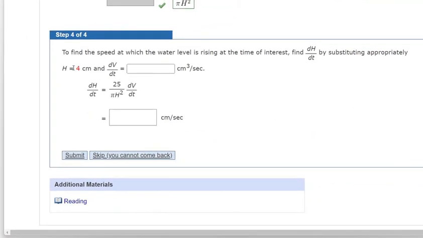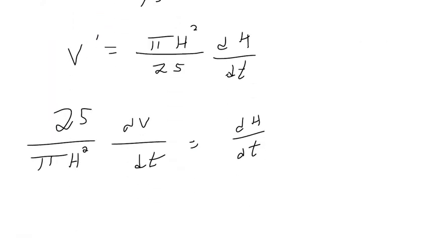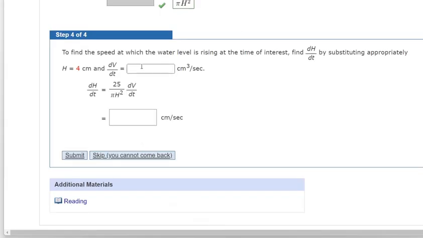And then we're supposed to plug in 4. So if you plug in 4 for h, h squared is 16, so 25 over pi times 16. I don't think you can simplify that either. So it's 25, the exact number, so 25 over, how do you type pi in without the button?